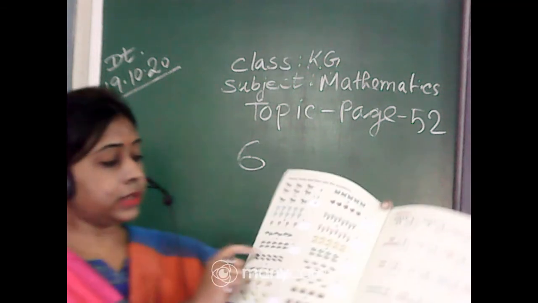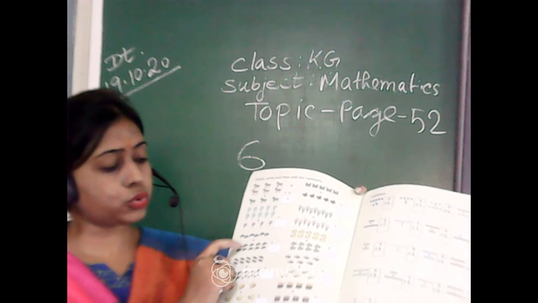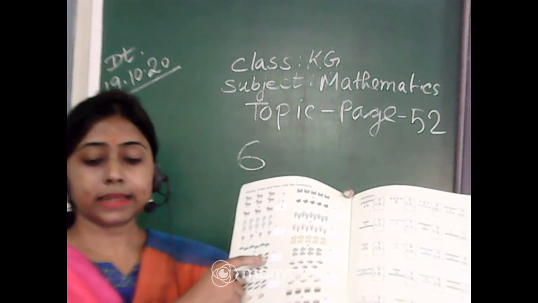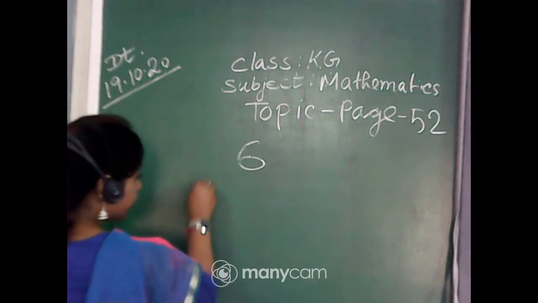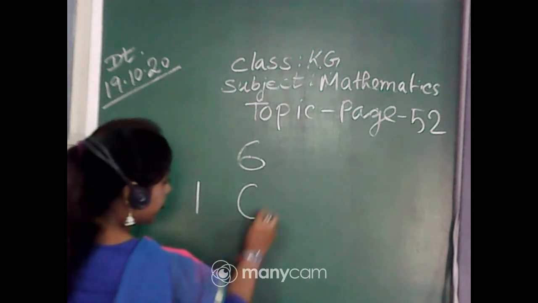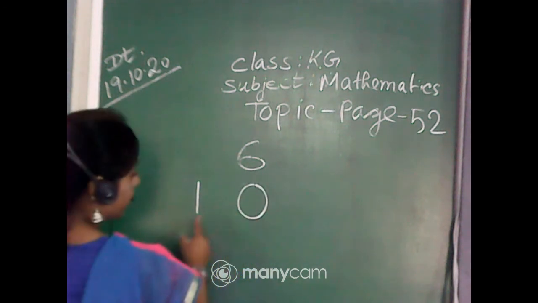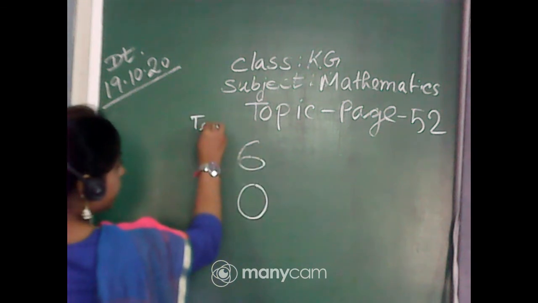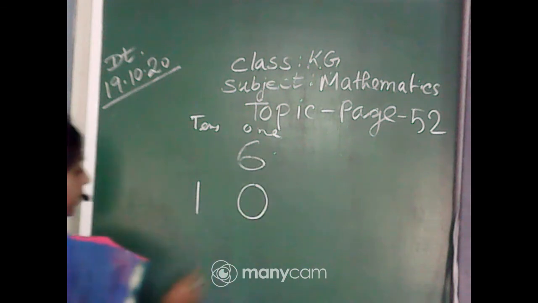Then below, how many yellowish hats? 1, 2, 3, 4, 5, 6, 7, 8, 9, 10. Yes, 9, 10. So now I have written 10 here, below. Same as before, it is the tens place and the ones place, so you should write like this.